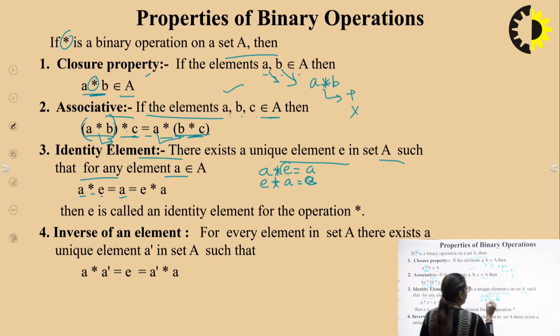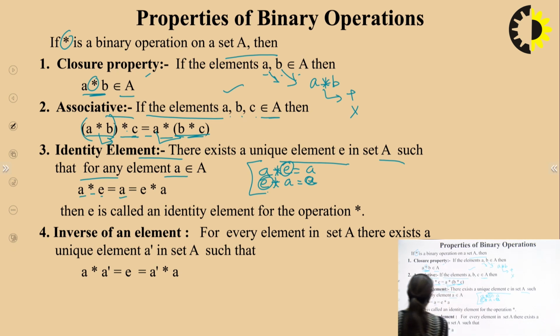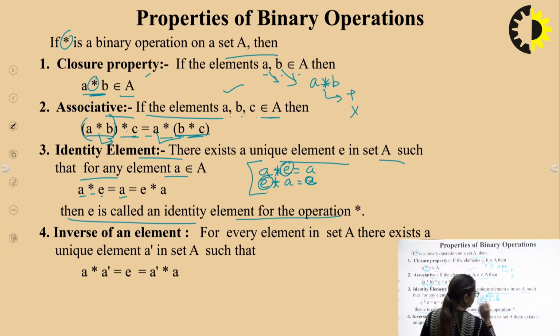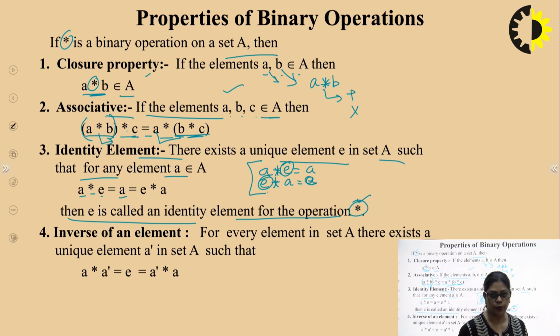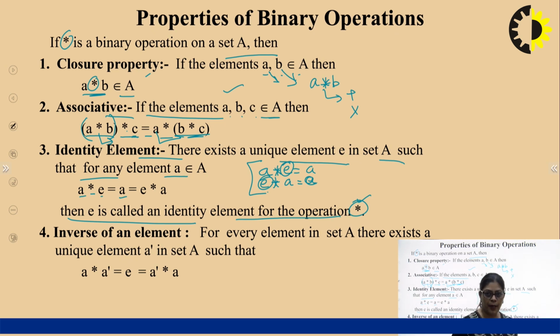Such type of element is called the identity element, and it also belongs to the same class to which a belongs. Then e is called the identity element of operation star. This star can be any operation. It is not that you would have to take only multiplication or addition. It can be any binary operation, right?